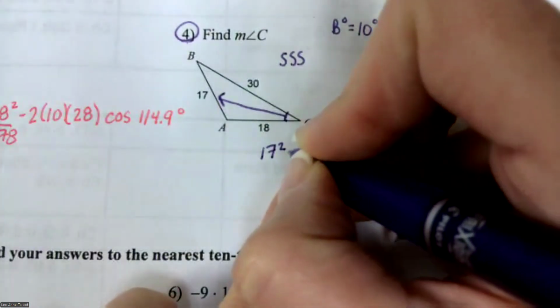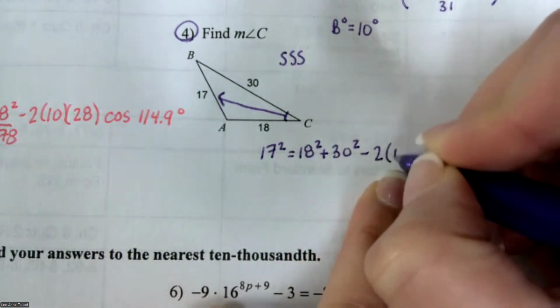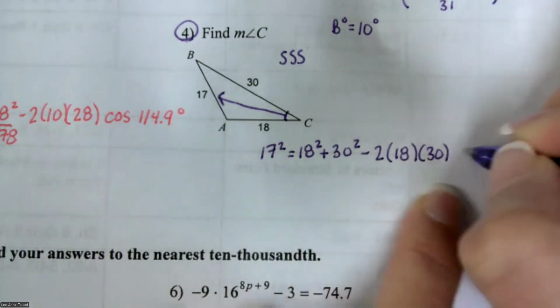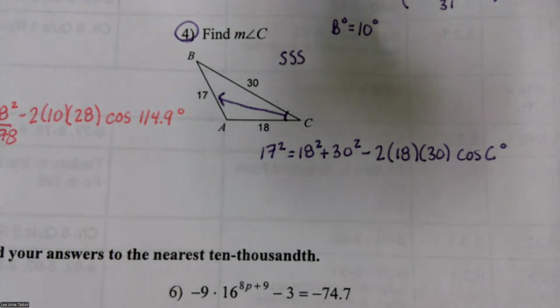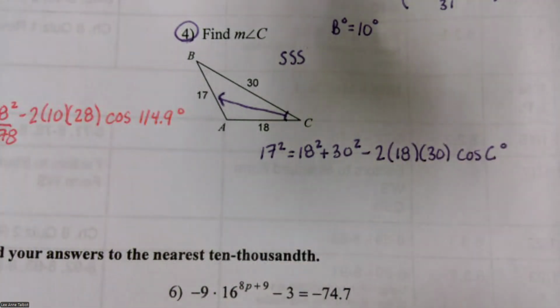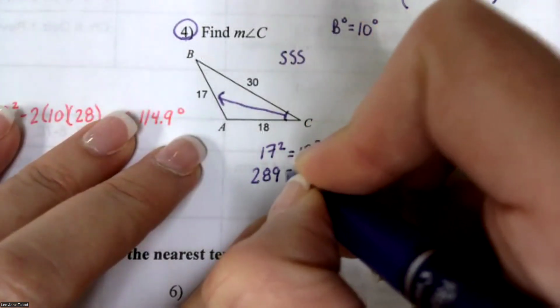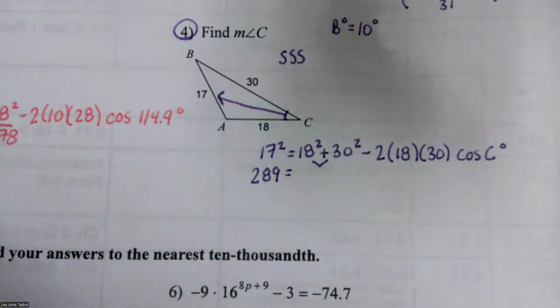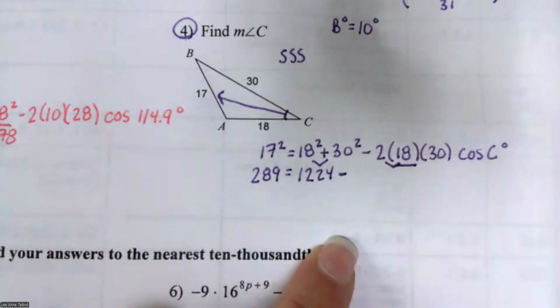17 squared is 18 squared plus 30 squared minus 2 times 18 times 30 cosine of C. Okay. 17 squared, 289. Then you combine those two, 18 squared plus 30 squared. Combine those three.